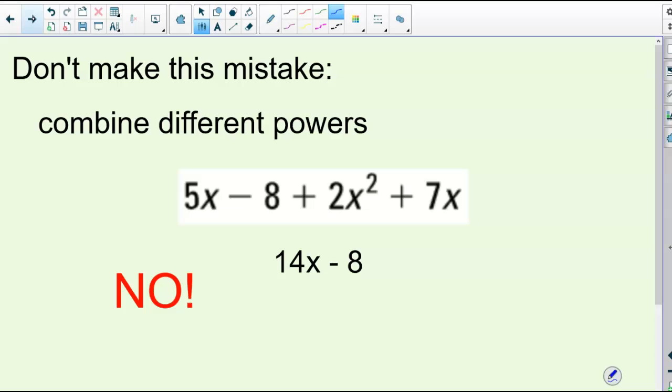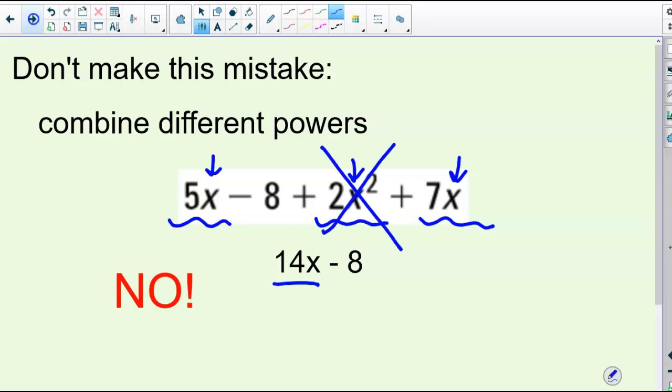Next common mistake, combining different powers, right? So here I have 5x and 2x squared and 7x. And if you just look at x, x, x, and you put those all together, you might get 14x. But this one is not a like term with the other x's, right?